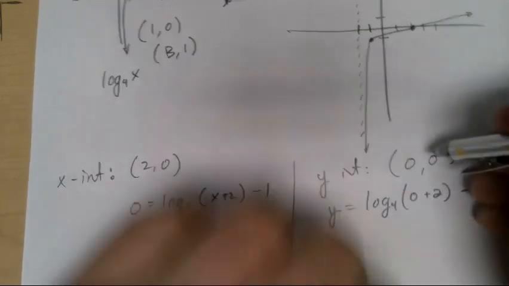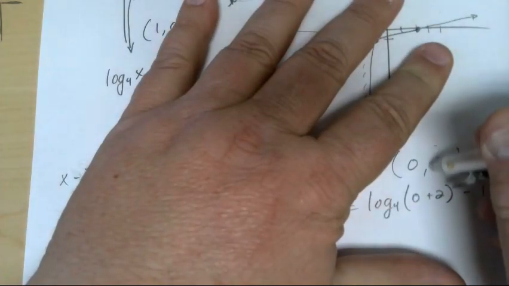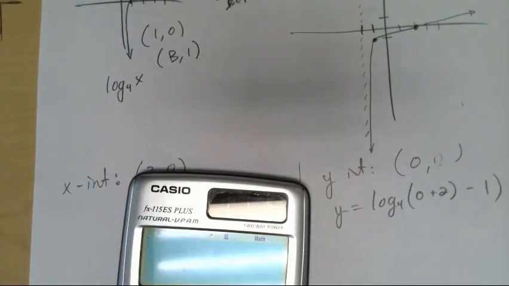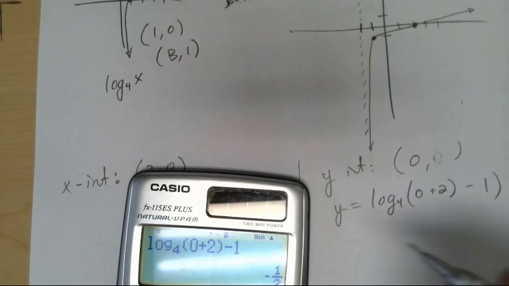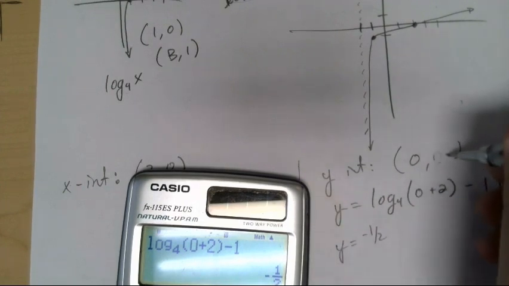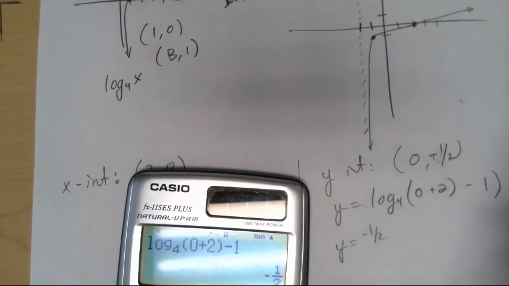So I'm just putting the 0 in for the x value. And if I put that in my calculator, log base 4 of 0 plus 2 minus 1, I get -1/2. So y equals -1/2. So it's going to have a y-intercept at 0, -1/2.